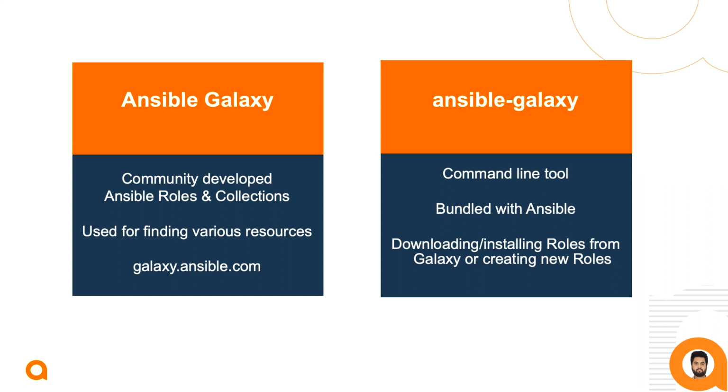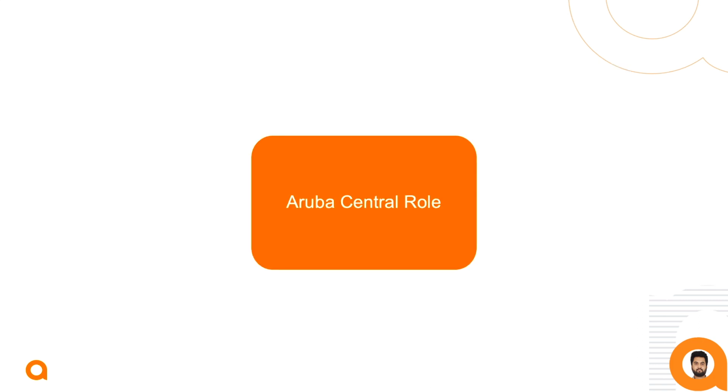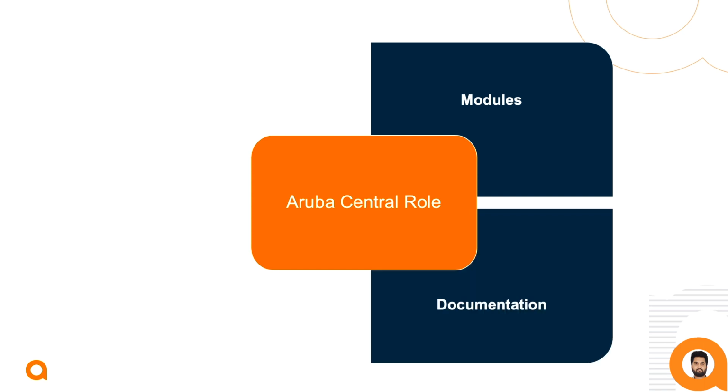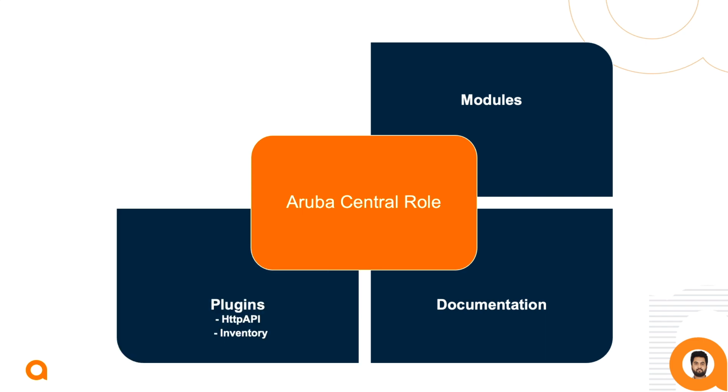Before looking into the Galaxy website, let us first see what the Central role consists of. The Aruba Central Ansible role mainly comprises four things. Modules, which can be used to create playbooks with tasks related to Central. Documentation, which describes how to use the modules, inventory, playbooks, etc. while using the role. Plugins, which are pieces of code that augment Ansible's core functionality. There are two types of plugins used in this role.